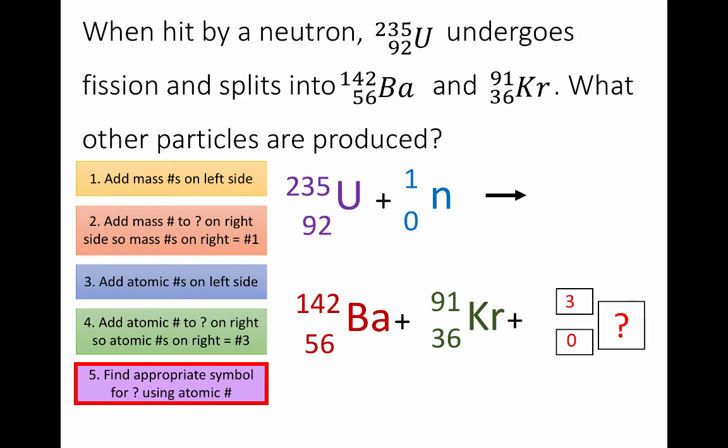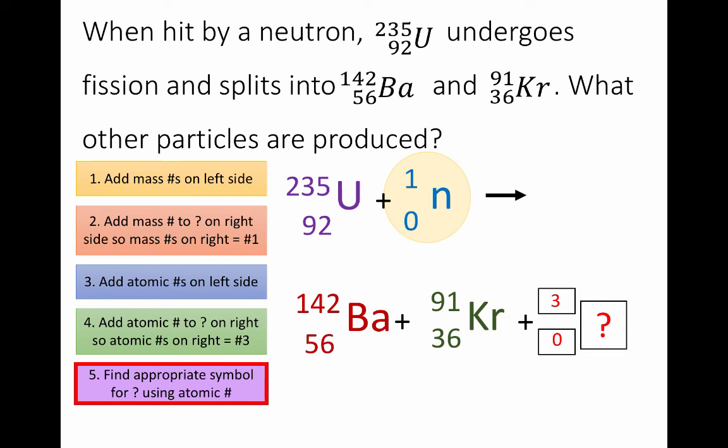And then we have to find an appropriate symbol for this. We don't know anything, we haven't seen anything that has a mass number of 3 and an atomic number of 0, and the periodic table won't even help us with an atomic number of 0 because it starts at 1. Well, where can we look for inspiration? If you look here at a neutron, you see a neutron has a mass number of 1 and an atomic number of 0.